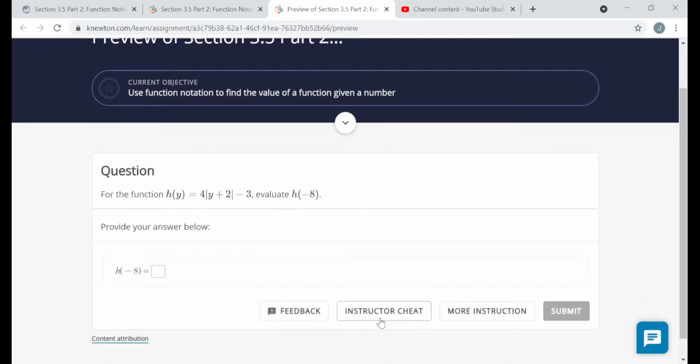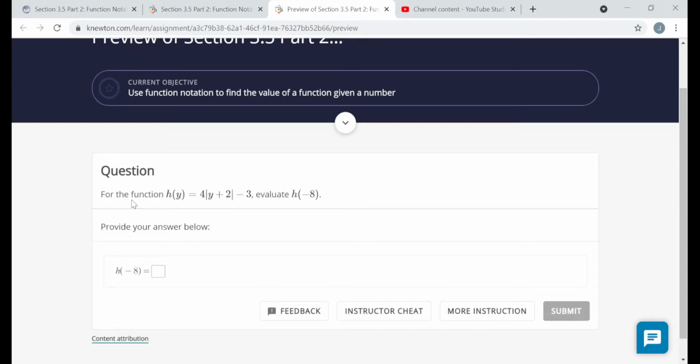Then you have your question. You won't see the instructor cheat button. You'll only see the more instruction button, which I recommend using if you're struggling with a problem or seeing a new objective for the first time. Click on this and you'll see some reading material or some videos that'll help you with the objective, the question you're working on, hopefully.